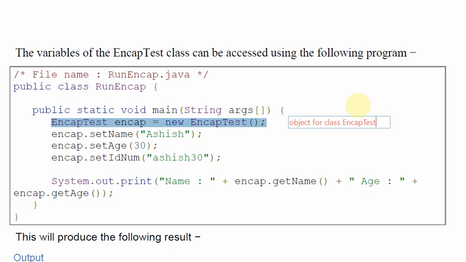After that, we are only providing the values for our variables: name, age, and id num. With the method setName, I am providing the name.